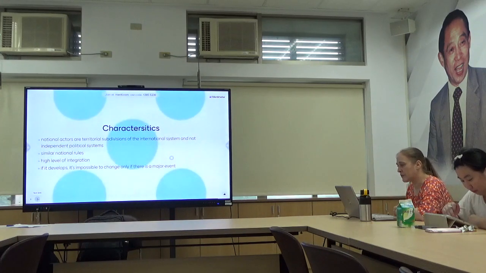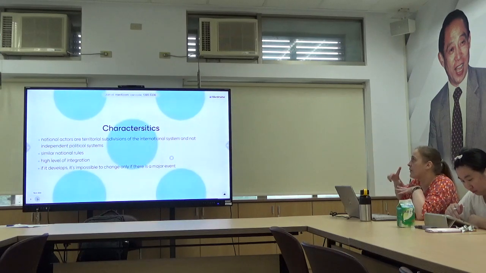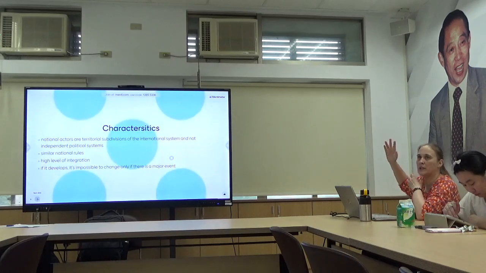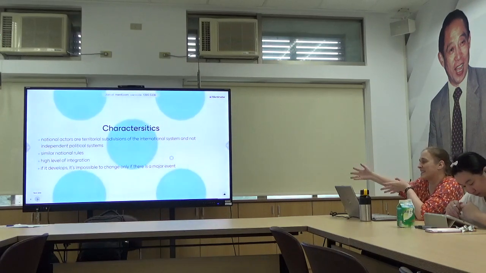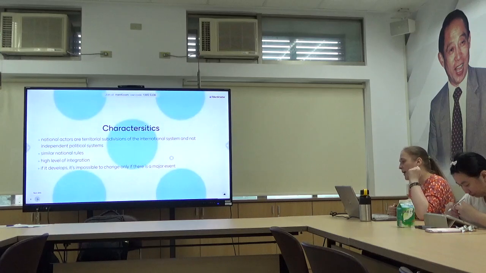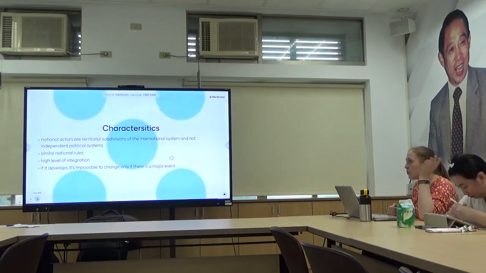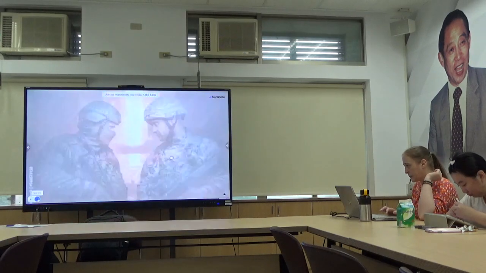There's kind of like an integration. And the text says that if this system develops, because this system is also like a theory, it's really hard to change, only if there's a major event, like a huge war or some kind of natural disaster or something similar.